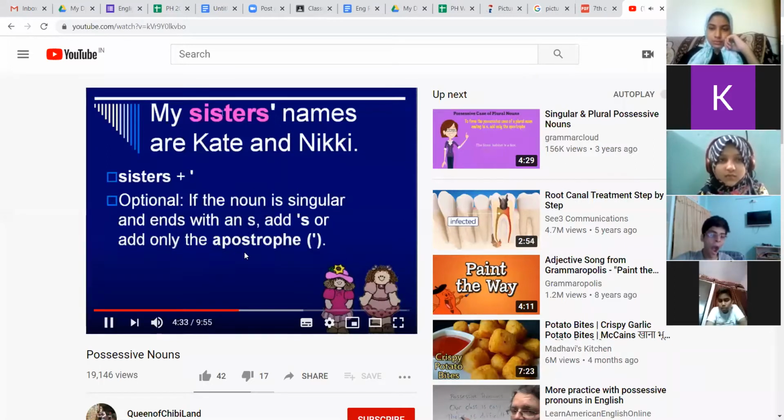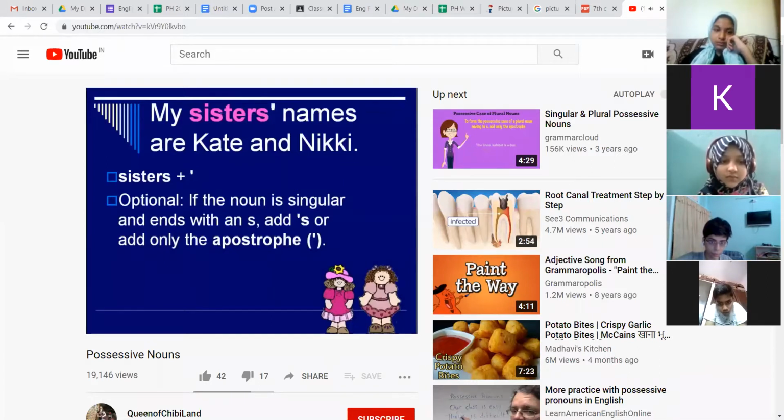Right, so if we look here at our possessive noun, why do we have the apostrophe after the S? Well, in this case, we are talking about more than one person. Sisters' names are Kate and Nikki. We're talking about two girls, two sisters.